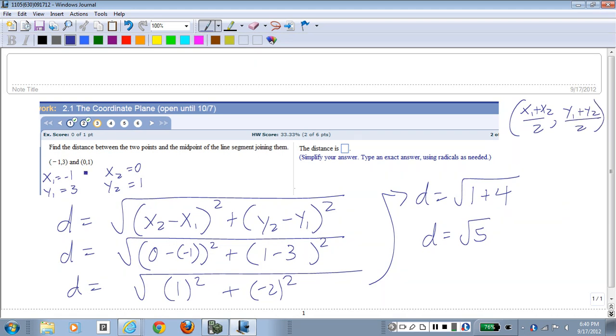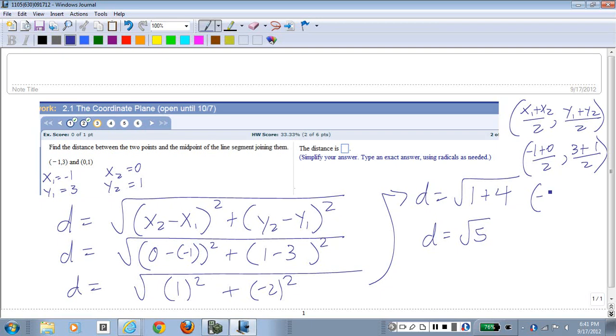So with the same x sub 1, y sub 1, x sub 2, y sub 2, it's going to be negative 1 plus 0 over 2 for the x-coordinate, and 3 plus 1 over 2 for the y-coordinate. So we're wondering what's halfway between negative 1 and 0.